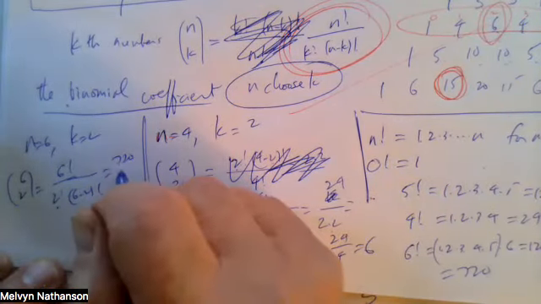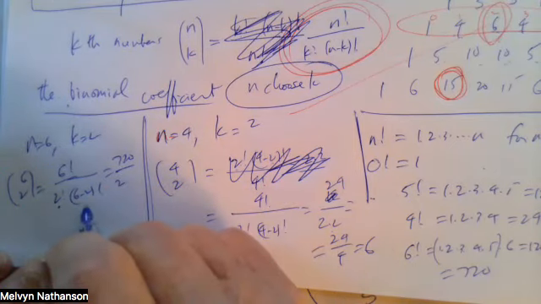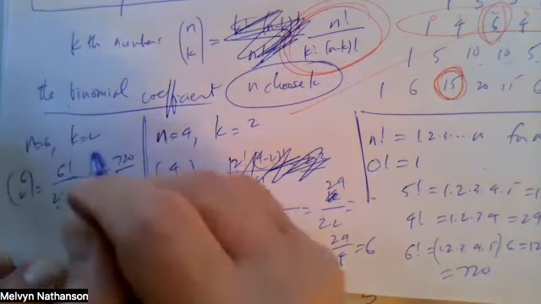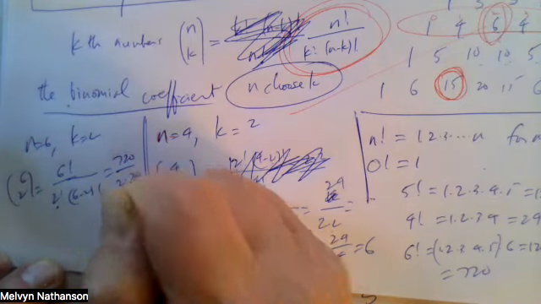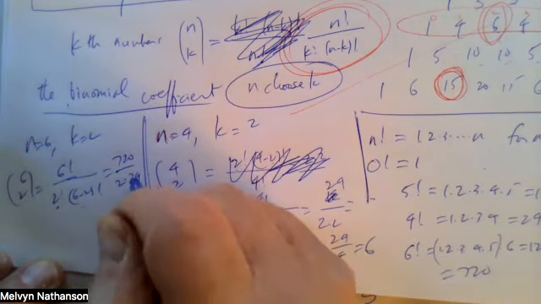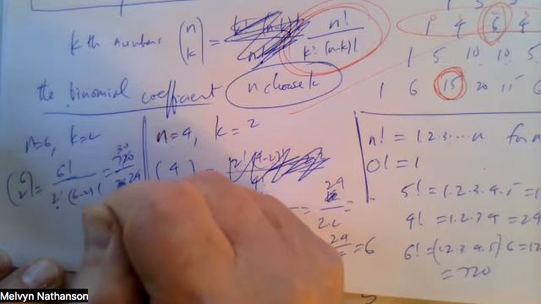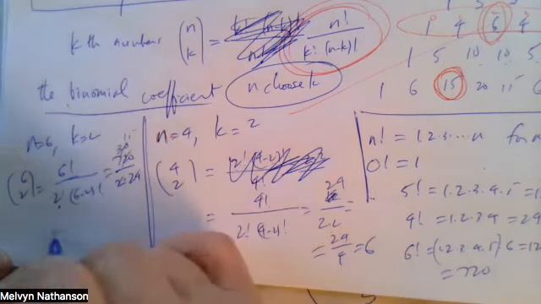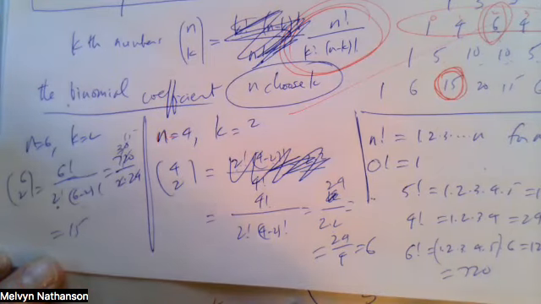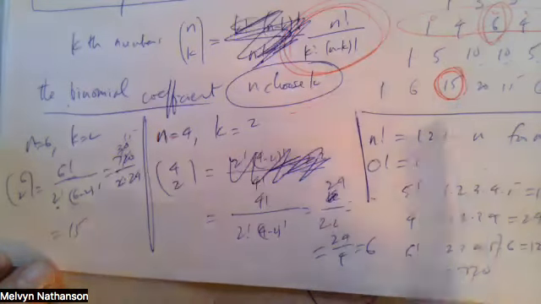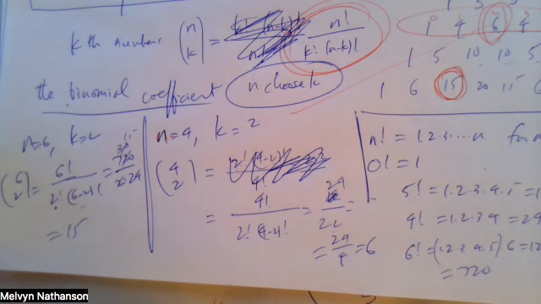Over 2 factorial, which is 2. 6 minus 2 is 4. 4 factorial is 24. So 24 into 720 goes 30 times, and 2 into 30 goes 15 times. So we get 15. Right? That's what we get. Right? Any questions about this?